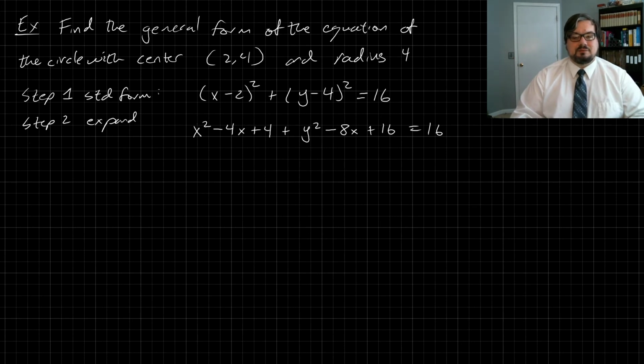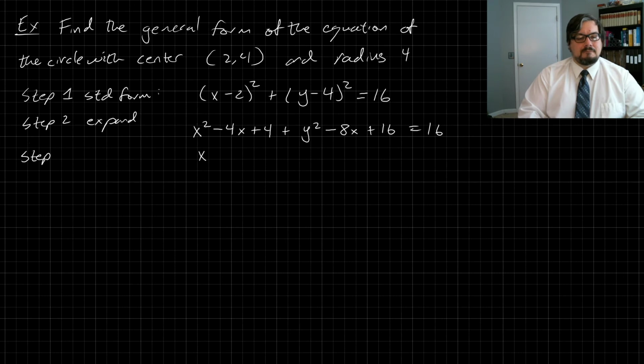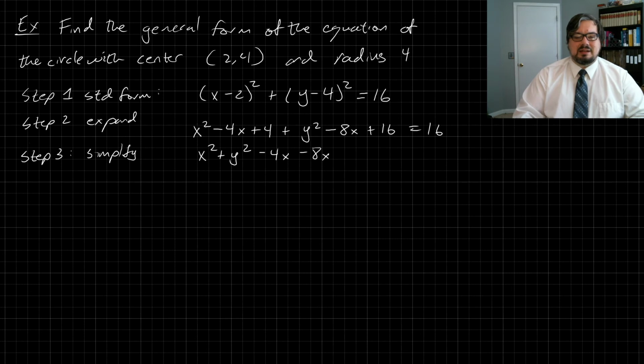equals 16. So now we're going to rearrange things and gather things together. I'll just call this whole step simplifying. So we get x² + y² − 4x − 8y, and 4 plus 16 is 20.